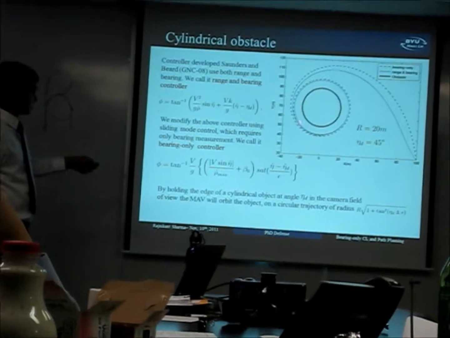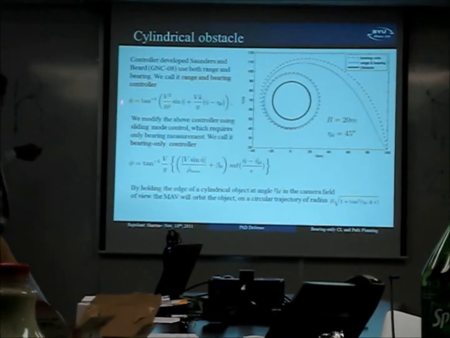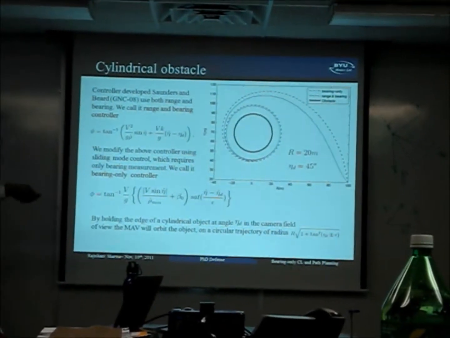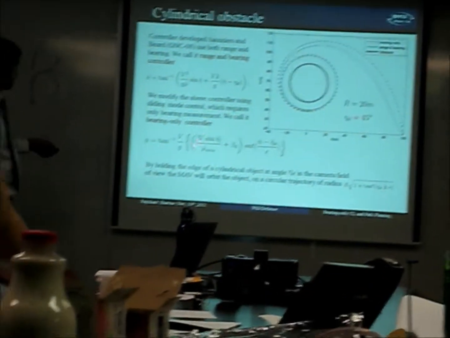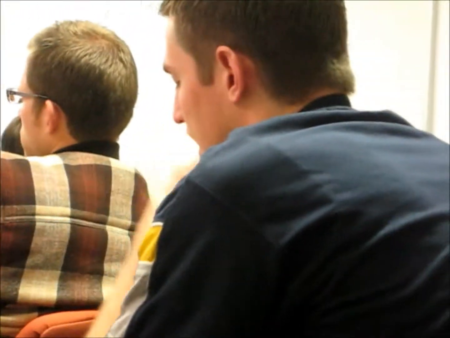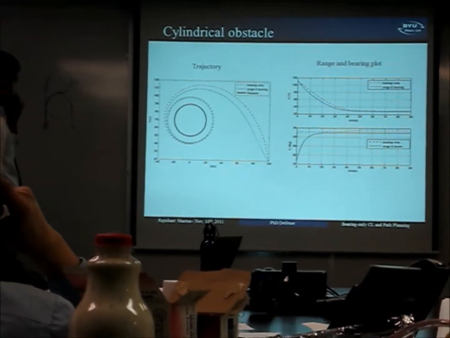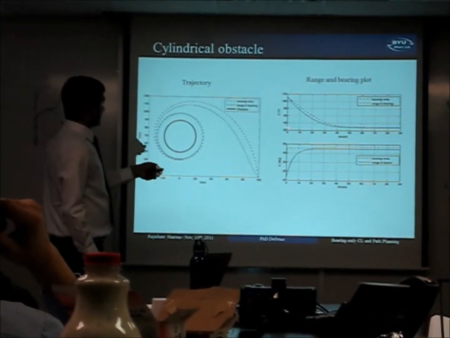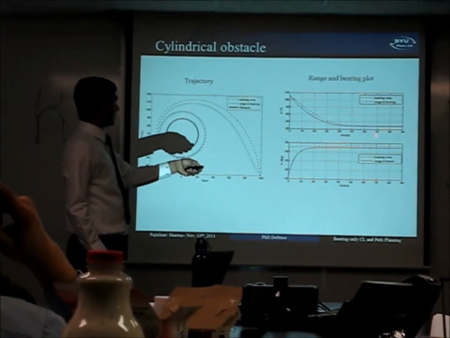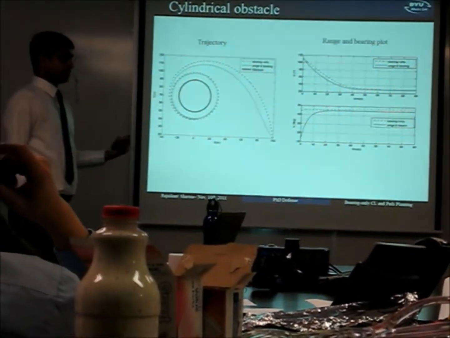This is the obstacle, the black solid, and the blue solid curve is using the earlier controller, and the red dashed curve is using this controller. You'll see that it still does a pretty good job, and it does not bump into the obstacle. You can see that the safe distance is maintained here. Both the curves are actually the same, so there is basically no need for range information.